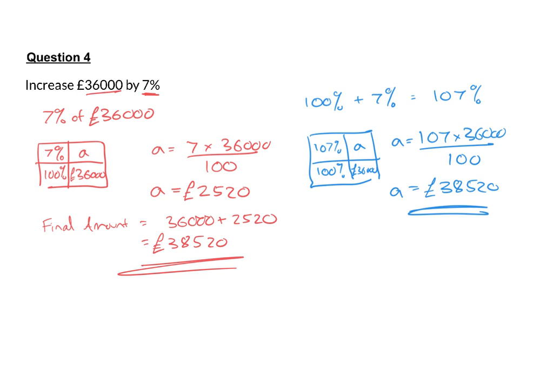So it's a quicker method, but there's nothing wrong with the first method. You can use either one that you choose. Okay, the first method here, I worked out 7% and I added it on because it's an increase. The second method, I added the 7% on first to show my increase, and then I worked that through as my percentage.